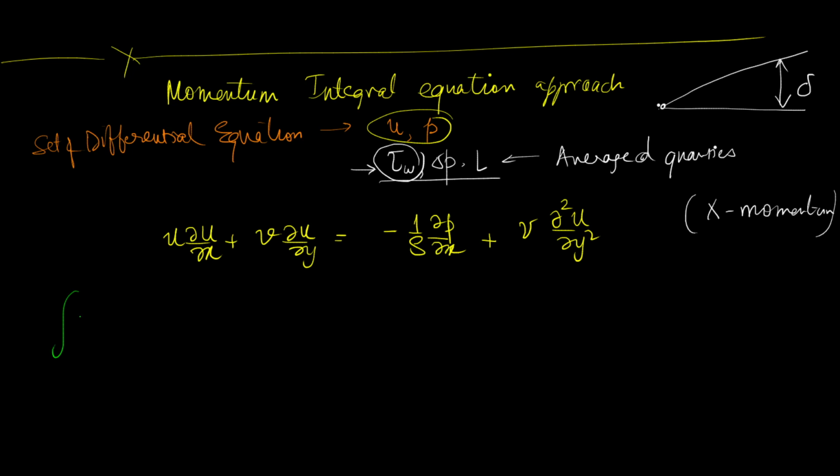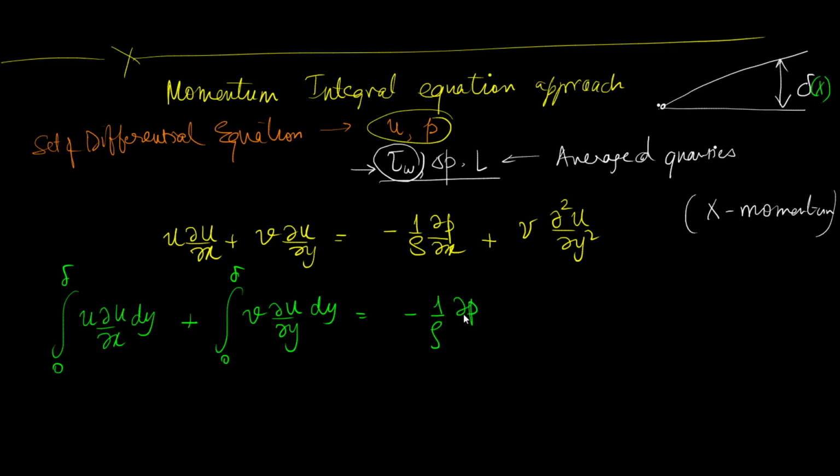So we integrate: integral u del u del x dy going from 0 to delta. Delta is a function of x, obviously, but I'm not going to express it verbatim over here. Plus integral v del u del y dy from 0 to delta is equal to minus 1 upon rho del p del x integral 0 to delta dy plus nu integral del 2u del y2 dy from 0 to delta.